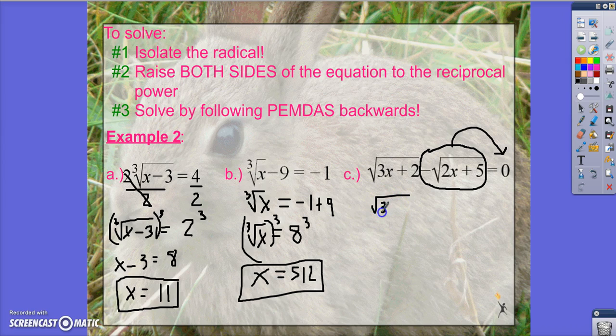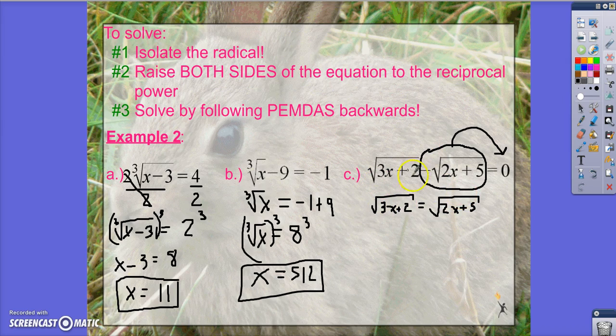We keep the square root of 3x plus 2 on the left, and then the negative comes over as positive, the square root of 2x plus 5. Let's extend the little root so we know that's all underneath the root here.